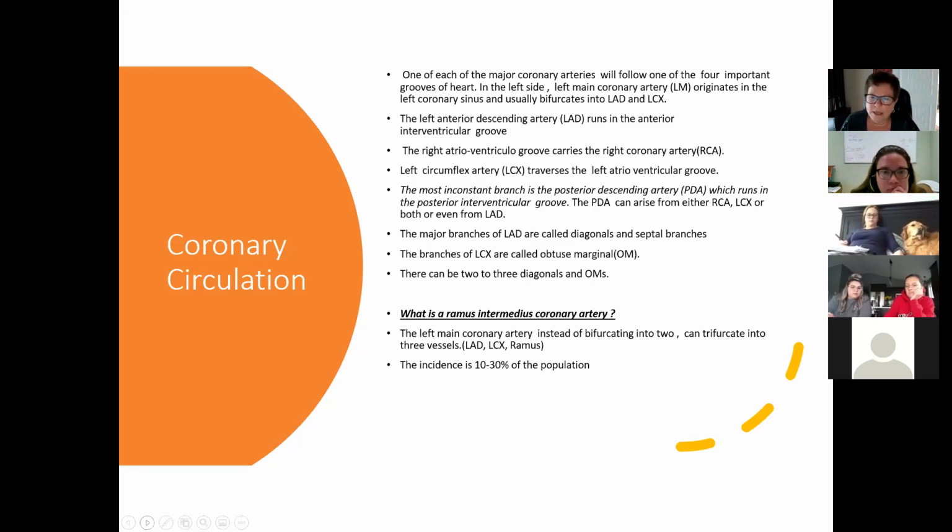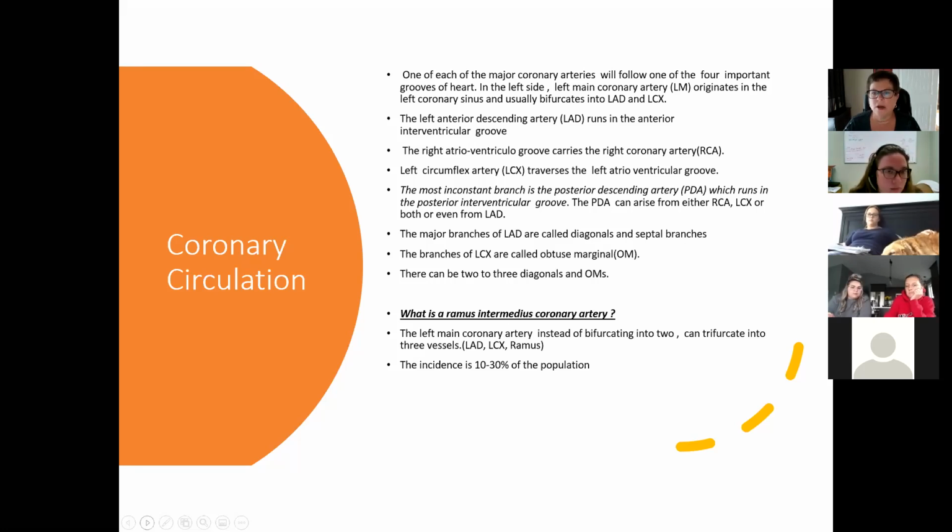But there are some people who are born not with a bifurcation of their left coronary, but a trifurcation. And we call this third vessel a ramus. And it becomes important when we're doing coronary artery bypass grafting. You can't tell who's born with it.